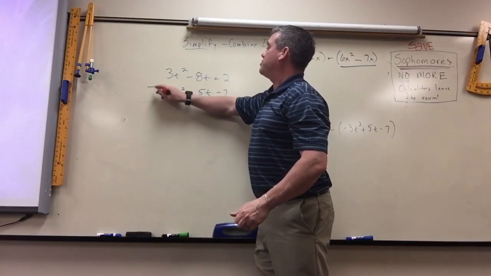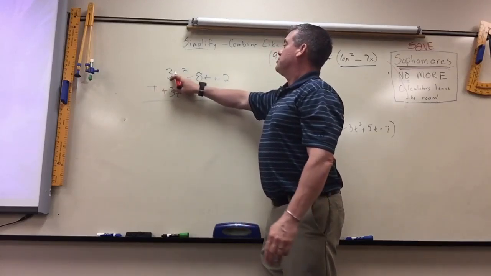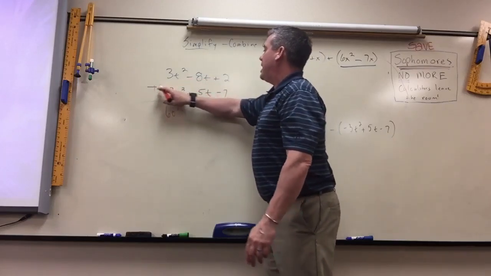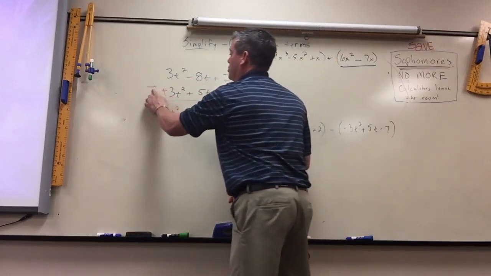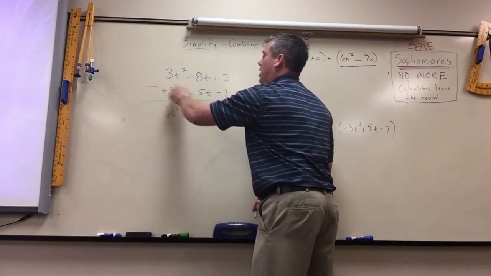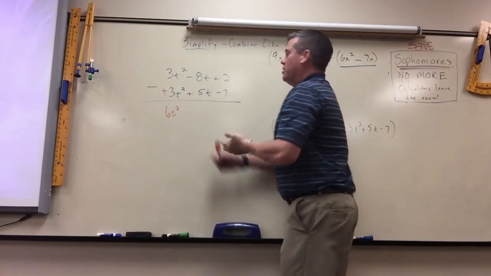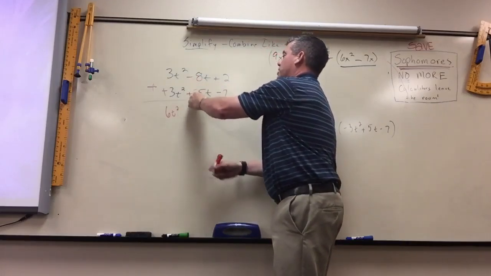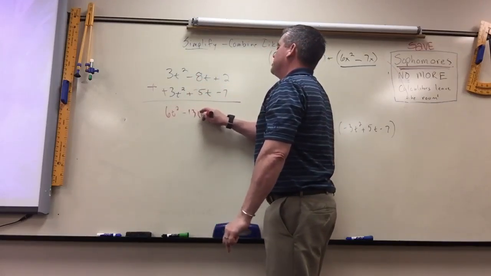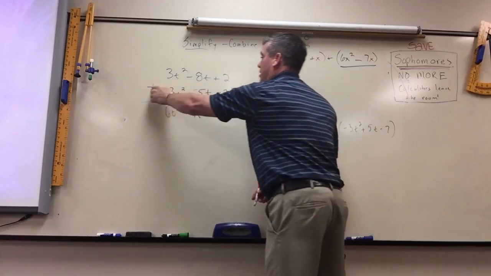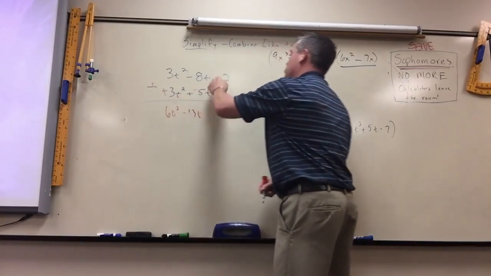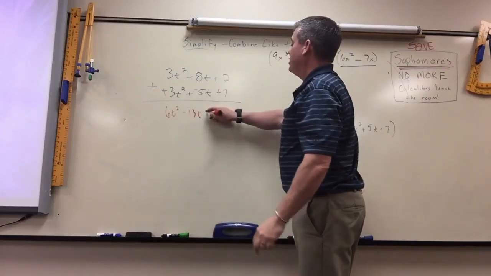A minus and a minus changes the signs. So 3 plus 3 is 6t squared. And then a negative and a positive, so this just means negative 8 take away negative 5. So remember, you change the sign, change the sign. So that would give you negative 13 t's. And then again here, when it's a subtract, you change the sign, change the sign. So 2 plus a negative 7 is 9.